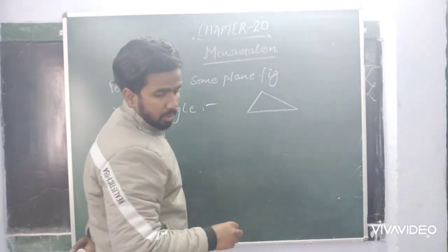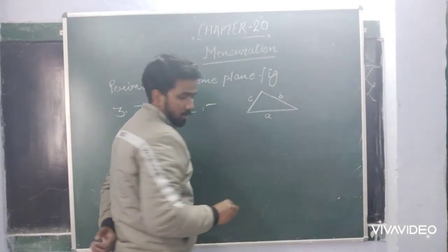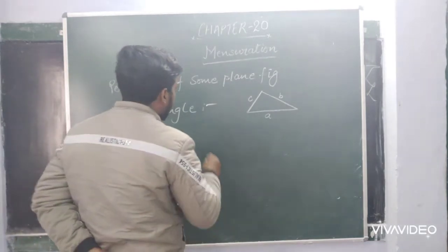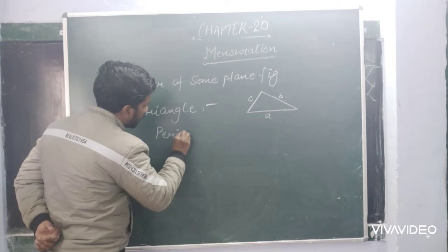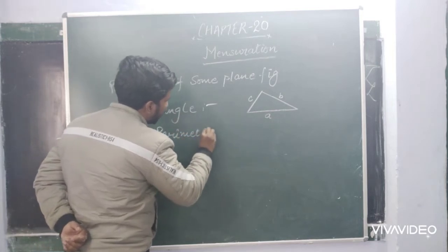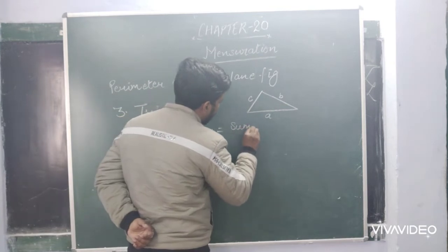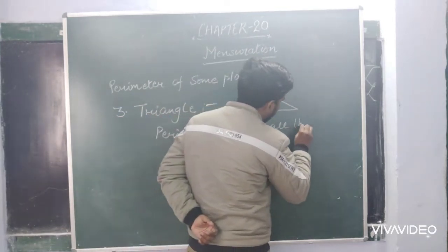Here all the sides are given as A, B and C. So perimeter of a triangle is the sum of all three sides. Perimeter will be equal to the sum of all three sides.